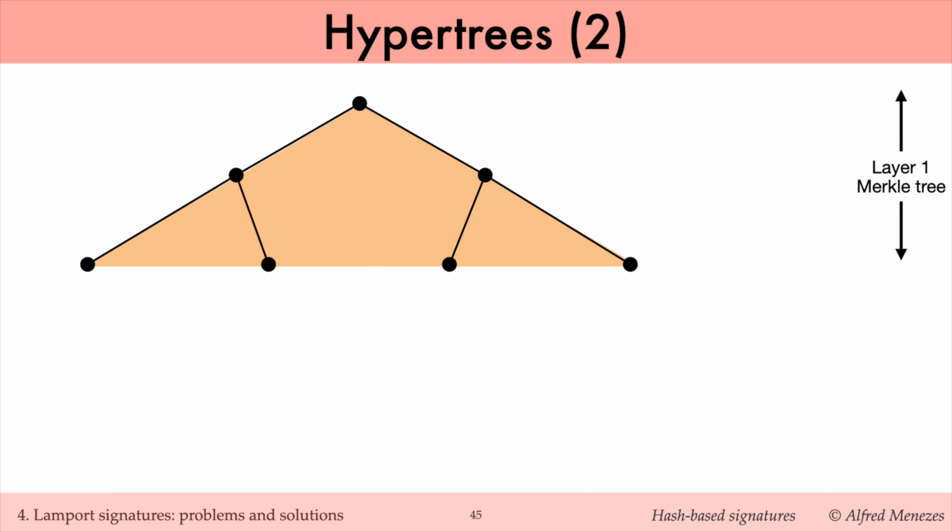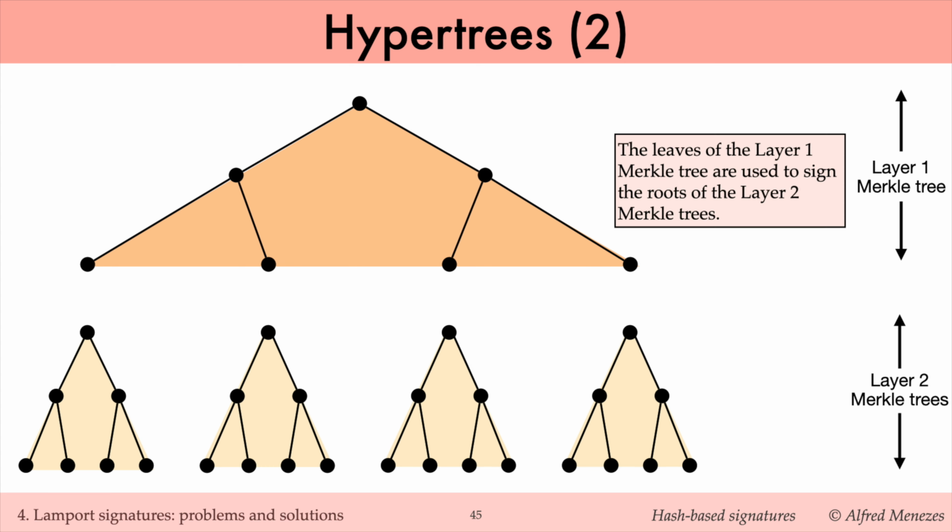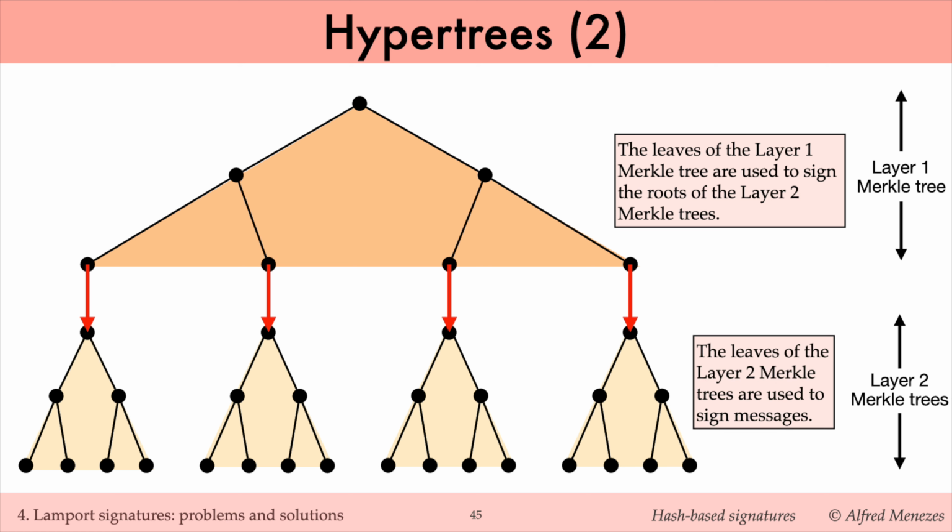The leaves of the layer 1 Merkle tree are associated with OTS key pairs. Their private keys are used to sign the roots of the layer 2 Merkle trees. Meanwhile, the leaves of the layer 2 Merkle trees are associated with OTS key pairs, each of whose private keys are used to sign one message.